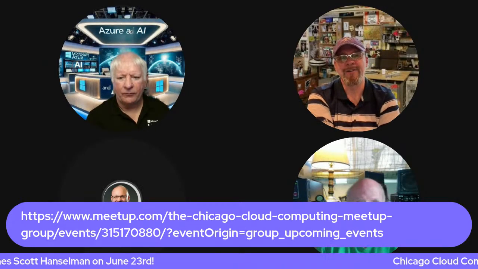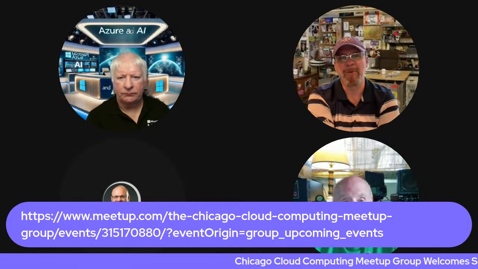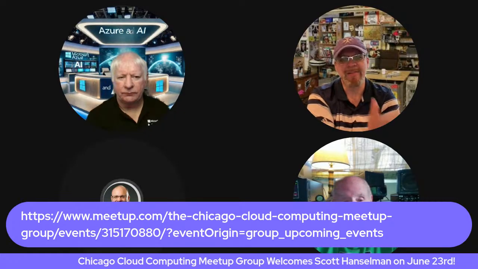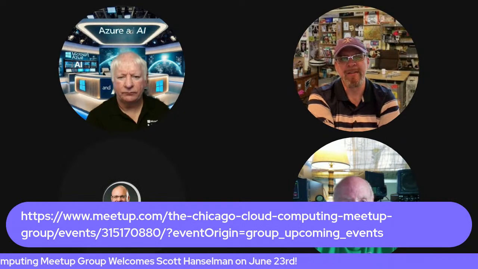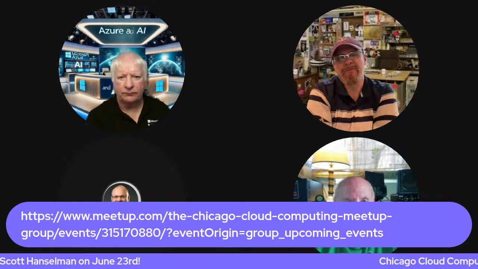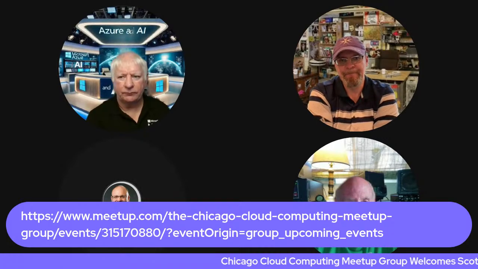So on the 18th of June, we have another Chicago cloud computing meetup group meeting. Scott just happened to be in for something else, and one of the hosts at Microsoft asked if Scott would join us and present. And so he's going to be there the 23rd.